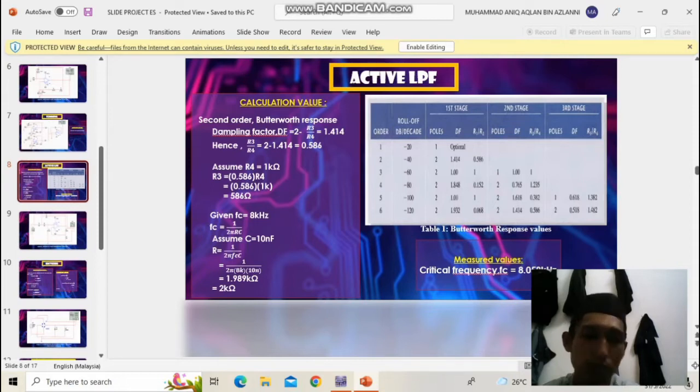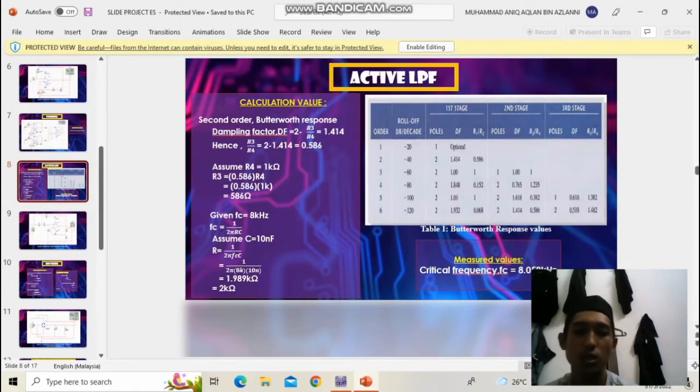Then it will be 1 per 2 pi times 8k. 8k is the frequency 8 kHz, and C is the capacitor, 10 nanofarad. We calculate on the calculator, then we will get the answer, which is 1.989 kilo ohm.